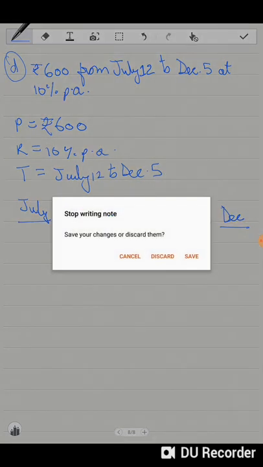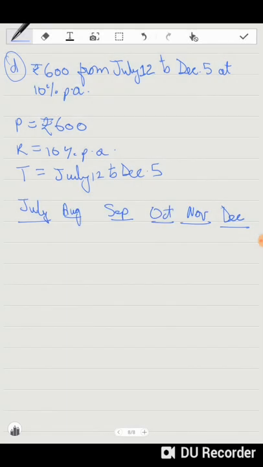The money was lent from 12 July, so 31 minus 12, hence we will take 19 days of July, plus we will take 31 days of August, plus 30 days of September, then again 31 days of October, plus 30 days of November. And since on 5th December the money is being given back, 5 days.